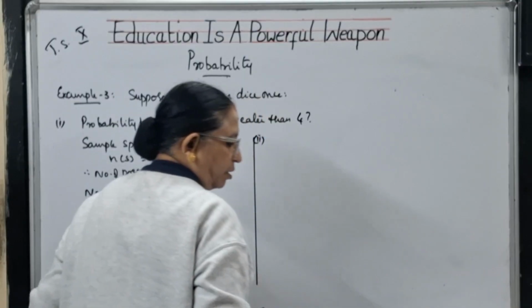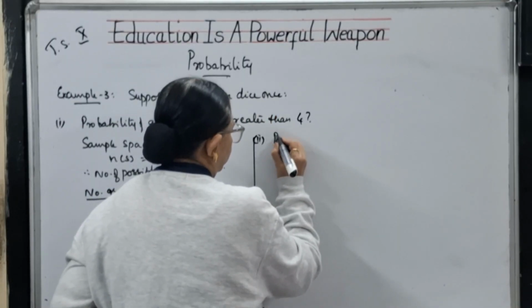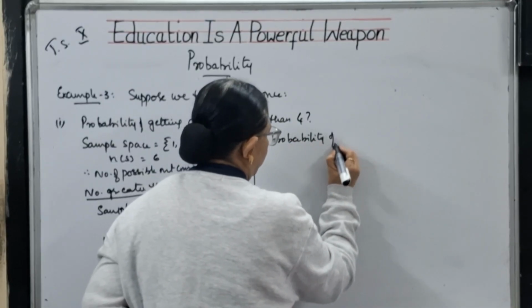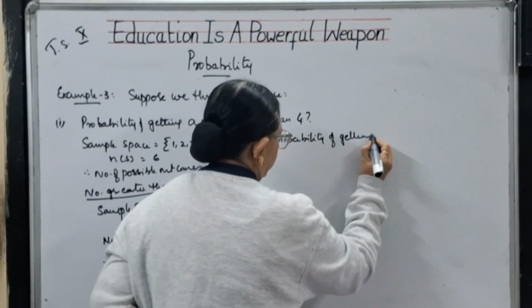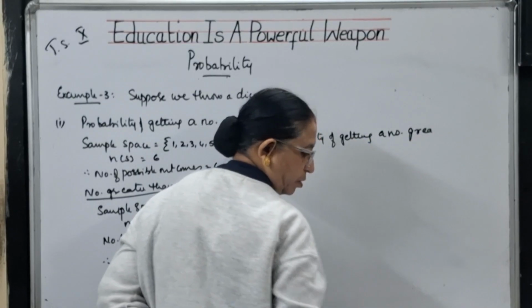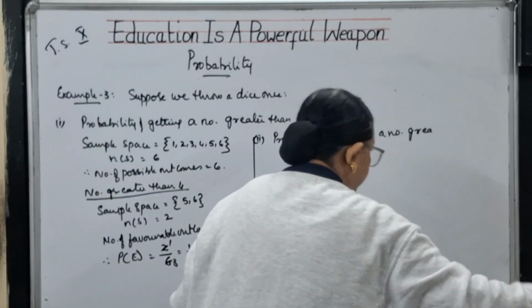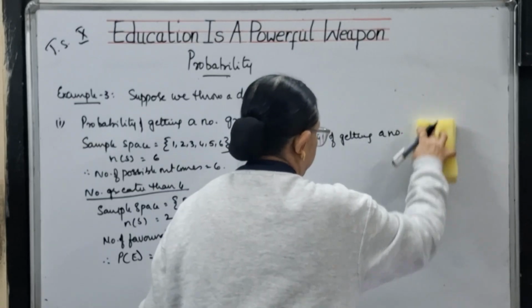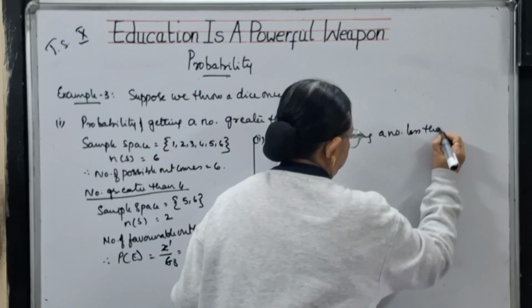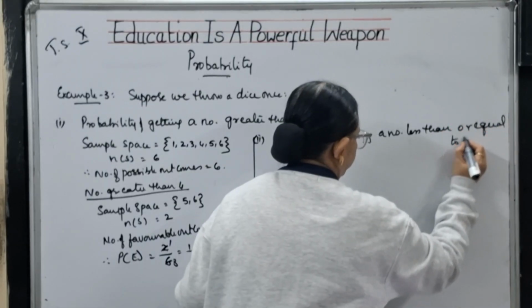What is the second bit? What is the probability of getting a number less than or equal to 4?